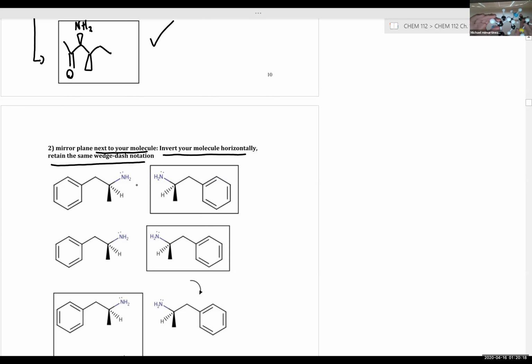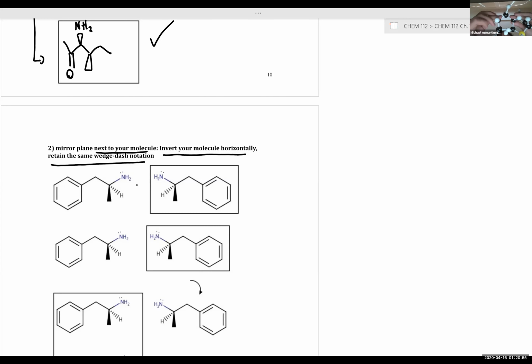So if we flip this entire molecule 180 degrees horizontally, let's show where we started from once again.